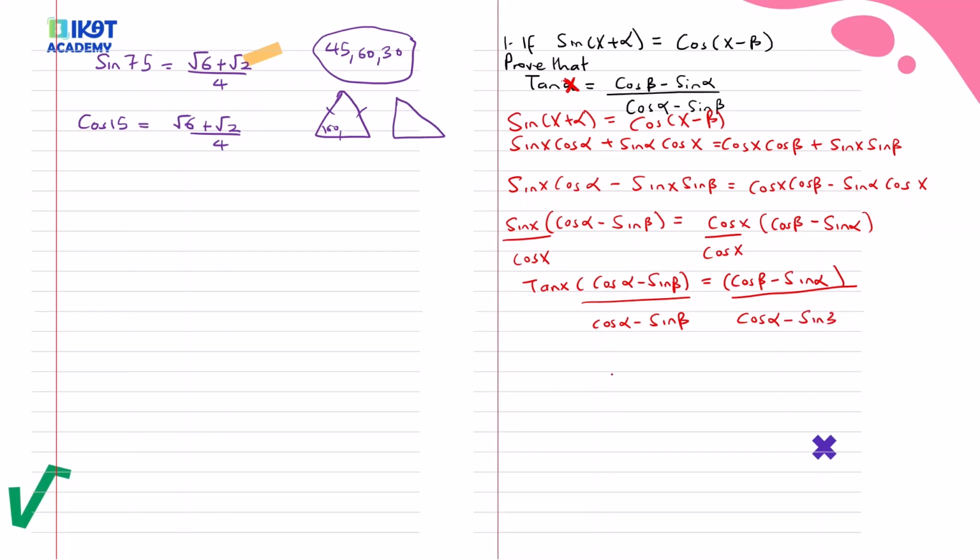So here I get the answer as tan x is equal to (cos beta minus sine alpha) out of (cos alpha minus sine beta), which is what we wanted to prove. So we've proved that. Now I think we can look at another example.